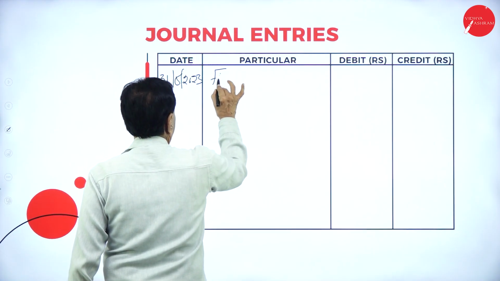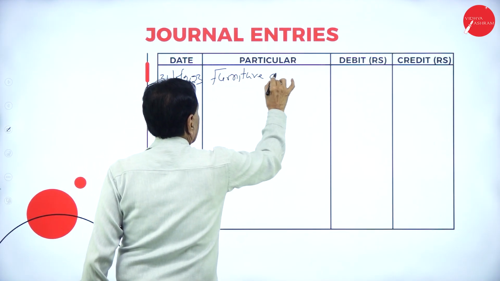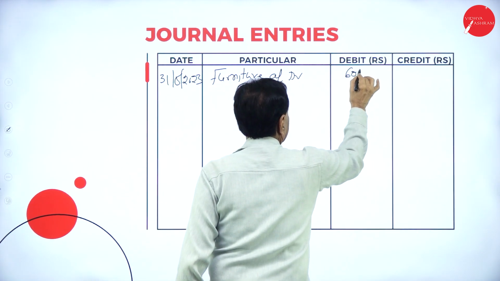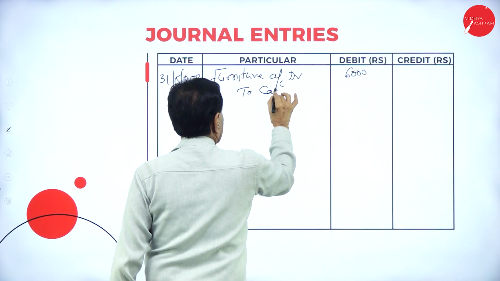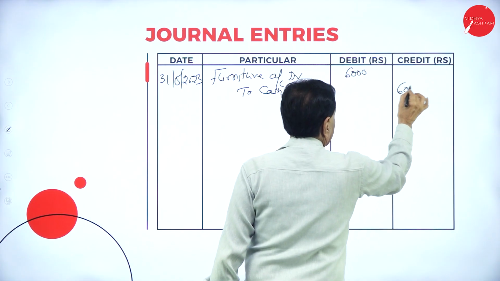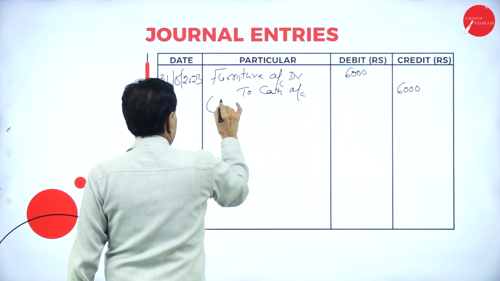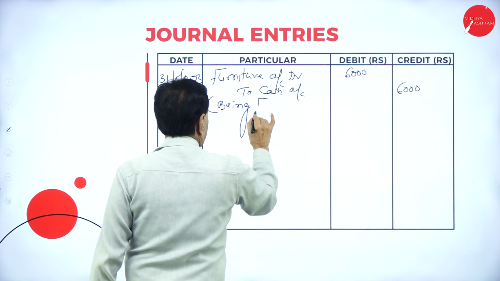Furniture account debit, 6,000, to cash account, 6,000, being furniture purchased.